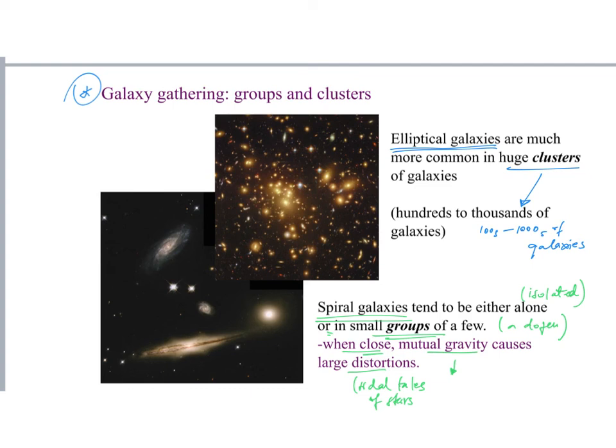So they are gravitationally interacting. They're dancing, and as I said, I promise I'm going to show you some beautiful movies about how that happens, both simulations and real images.